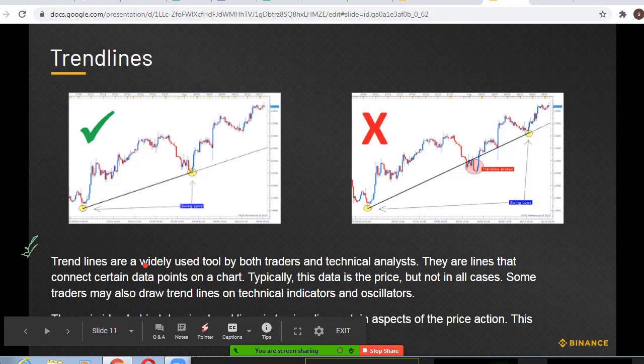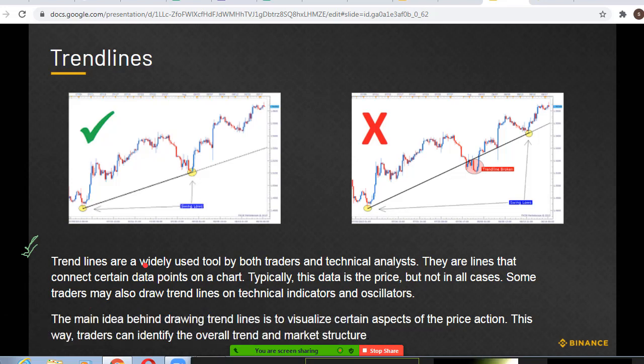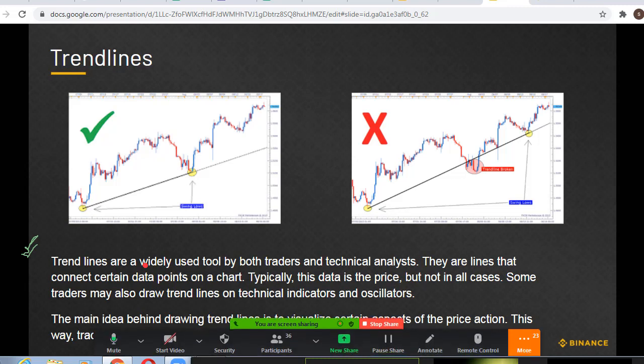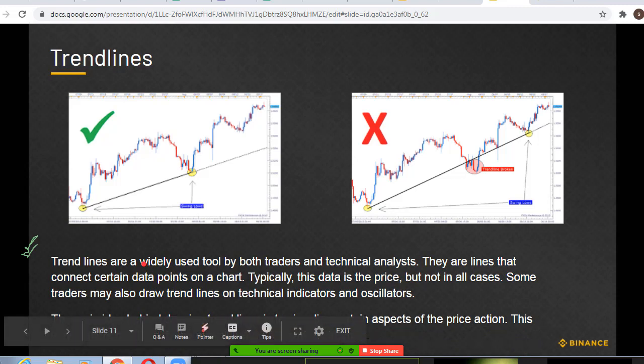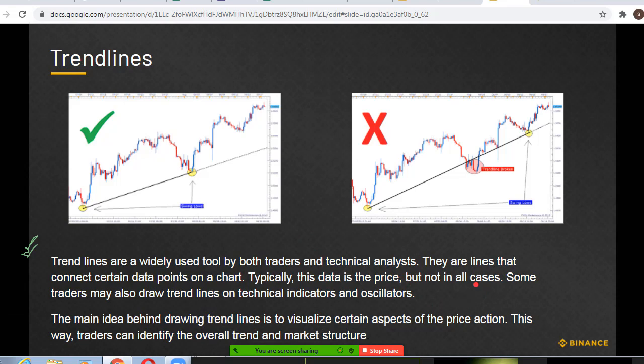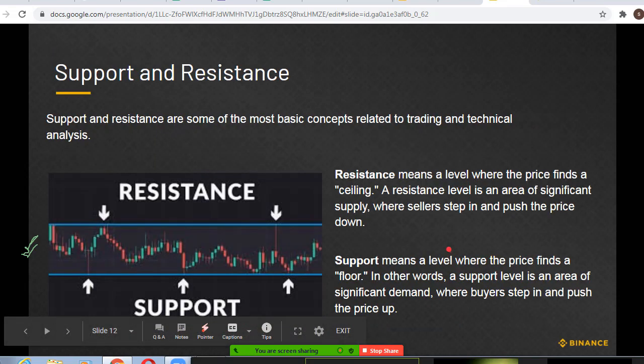Now, trend lines. Trend lines are widely used by both fundamental traders and technical traders. That is, a fundamental analyst uses trend lines as well as a technical analyst. They are lines that connect certain data points on a chart, and typically the data is price, but some traders may also draw trend lines on technical indicators and oscillators.